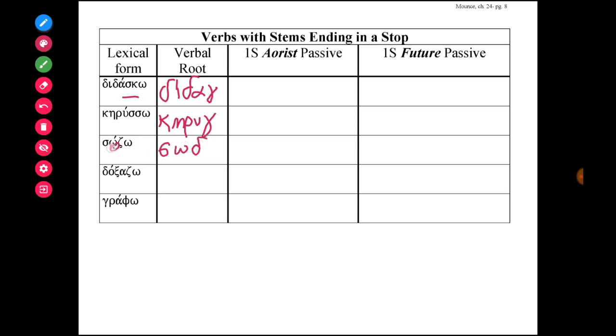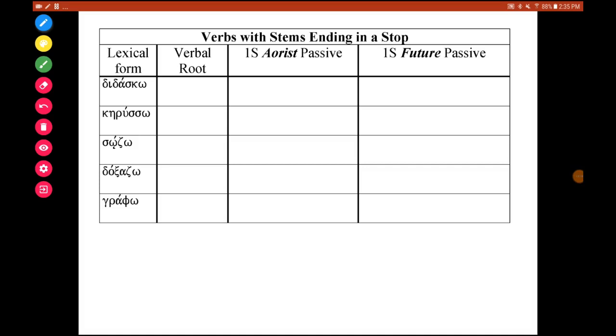So this iota subscript is not there in the verbal root. For doxazō, the verbal root is what? Doxad. And for graphō, the verbal root is graph. And given these verbal roots, why don't you fill in this chart for the aorist passive and the future passive forms for the first person singular, and I'm going to pause.